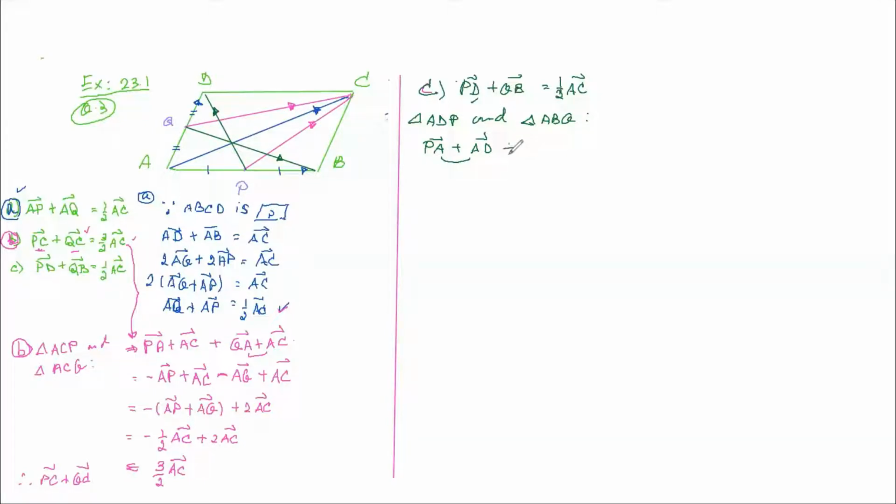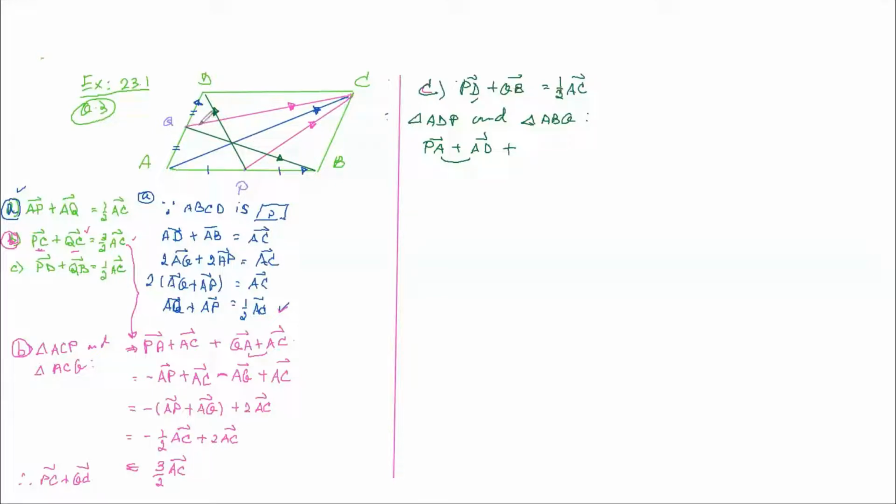Now plus QB here. For QB we use triangle ABQ, correct?